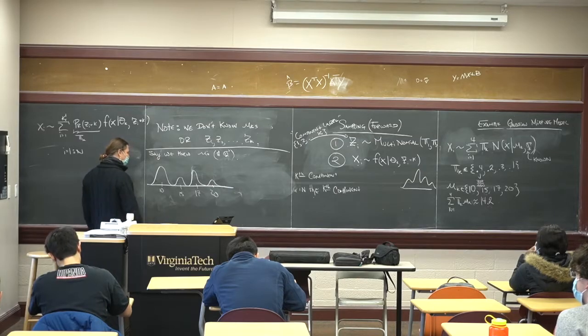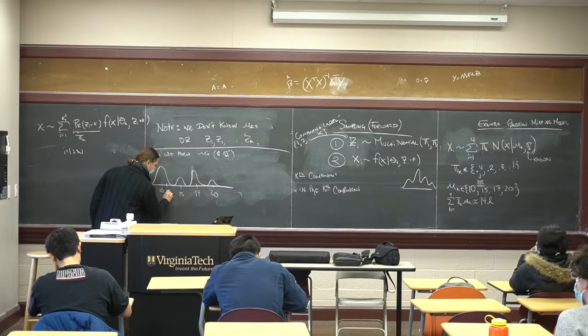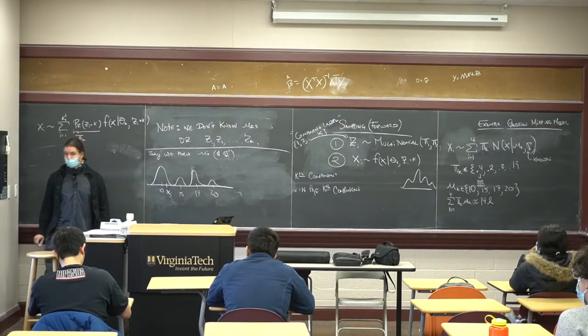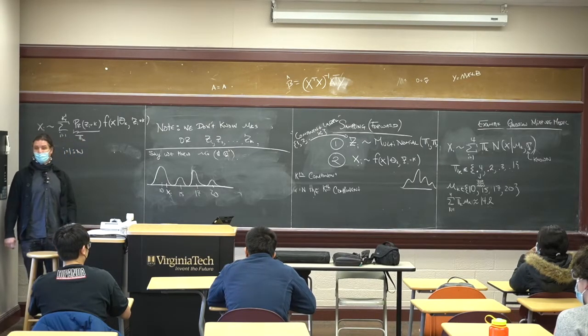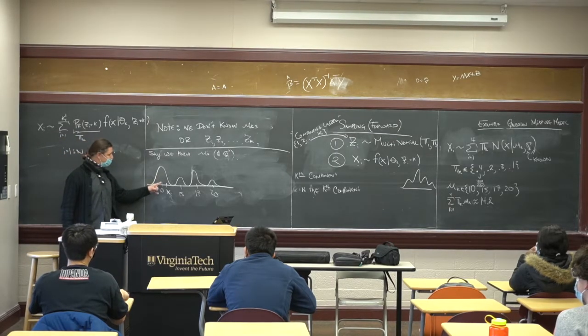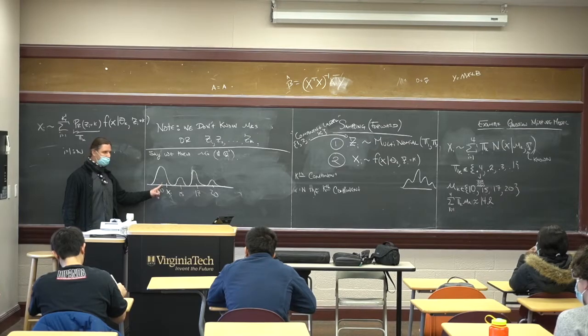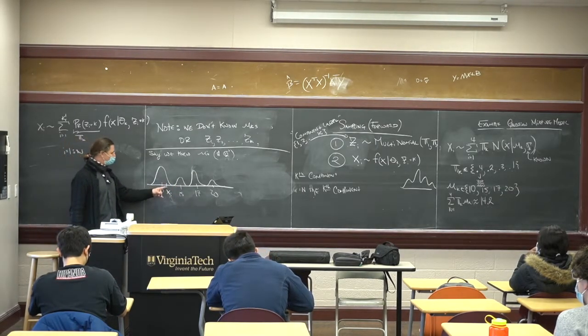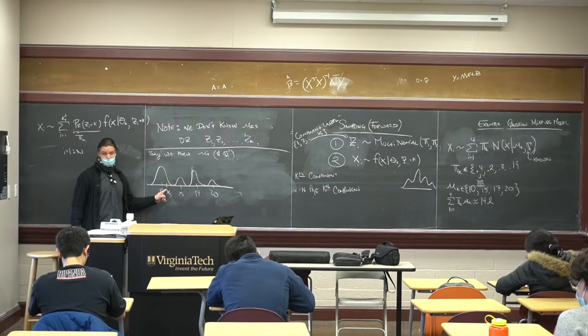So if I saw a data point right here, xi, could you tell me which component you think it came from? Which one? Yeah, this one. It's pretty obvious. Why? Because that's closer to that than it is to any of these relative to their variances. So this strongly falls into the tail of that distribution.